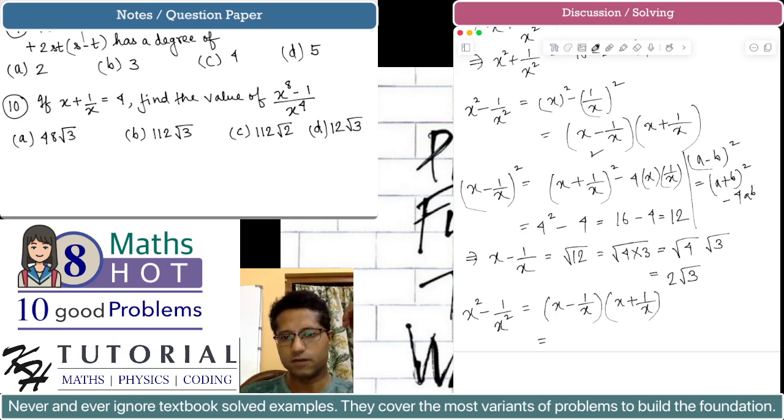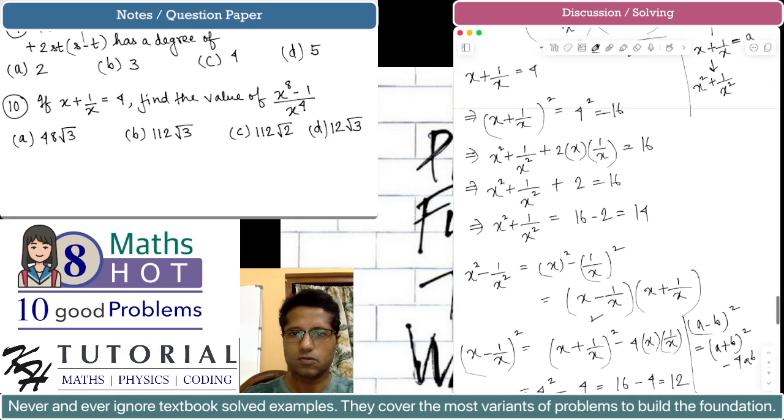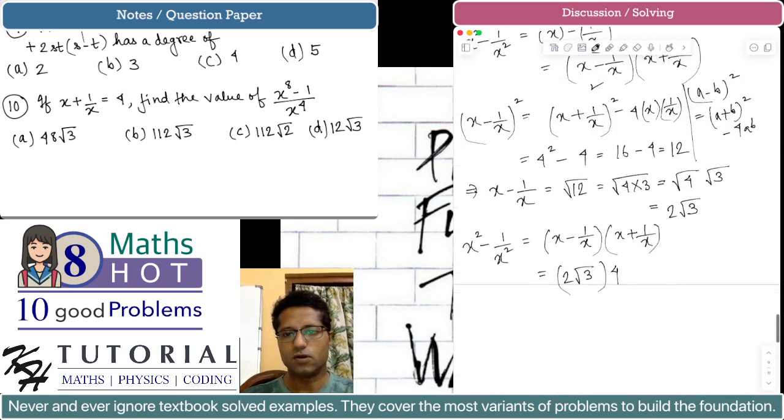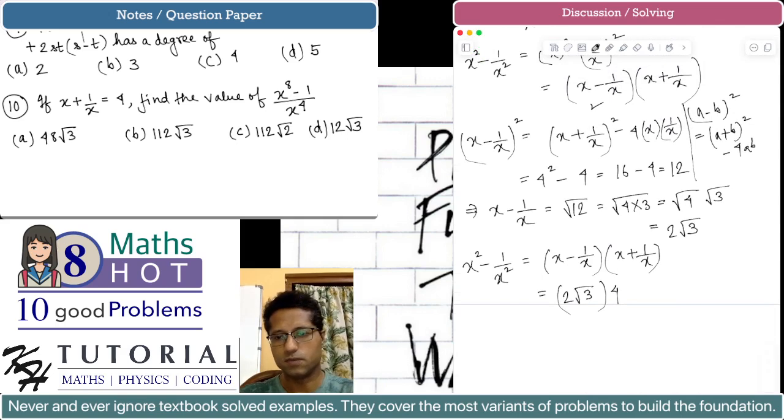So x minus 1 by x is 2 into square root of 3, and x plus 1 by x is already given to be 4. So we have got x square minus 1 by x square to be equal to 8 multiplied by square root of 3.